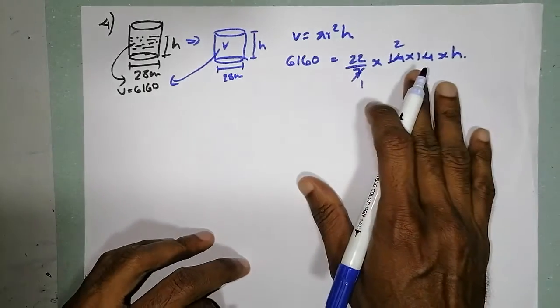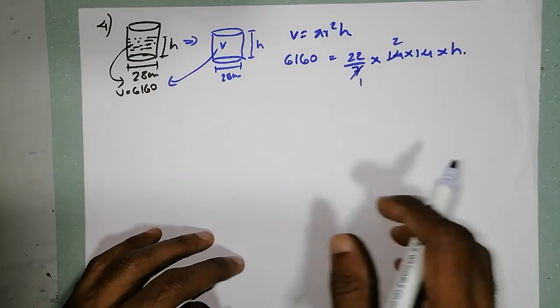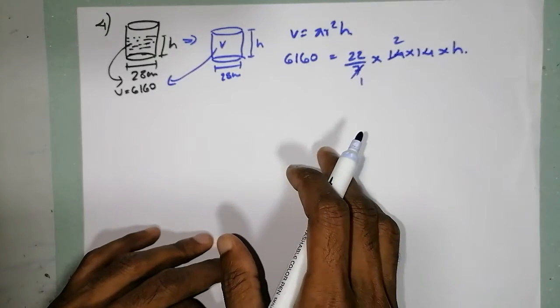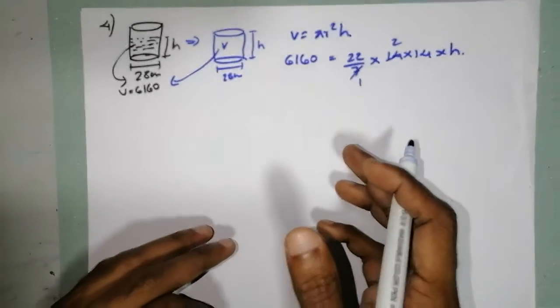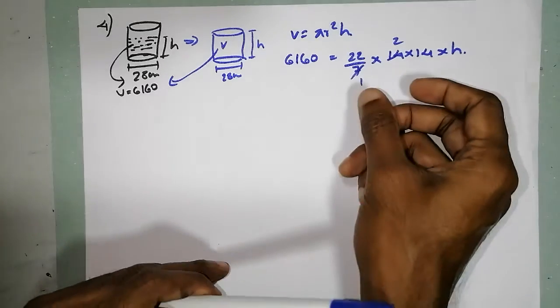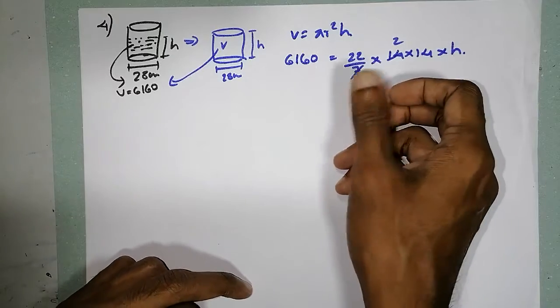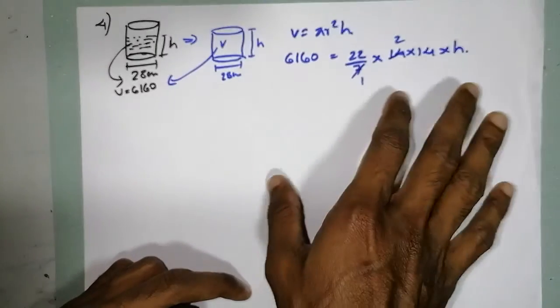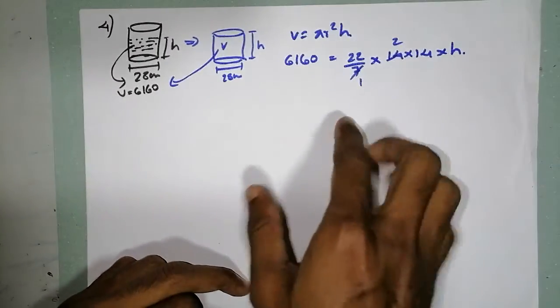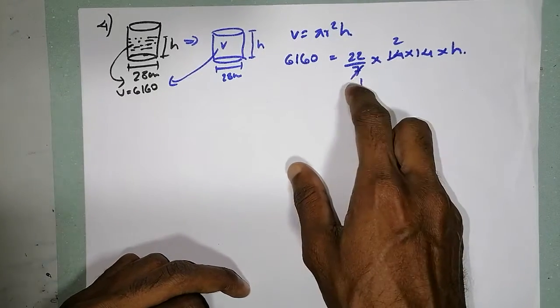Okay, don't multiply it. Some of the students, while doing area, perimeter, volume questions, have a habit: if they see the multiplication sign or division sign or addition sign, they don't think we can use simplification, like dividing the 14 by 7.